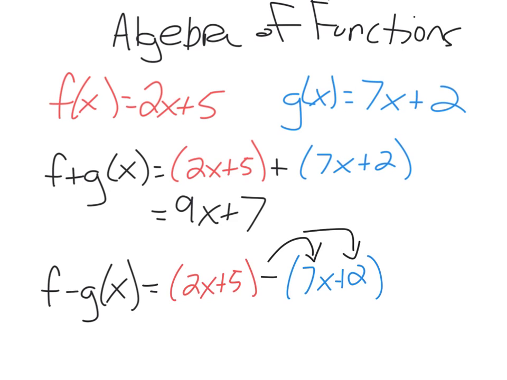Okay, so you have to make sure that you do that. Order makes a difference. G minus f is going to give us something slightly different. Okay, so again, I'm going to write out everything. It'd be 2x plus 5 minus 7x minus 2. Okay, and so then f minus g of x would end up being what? Negative 5x plus 3.